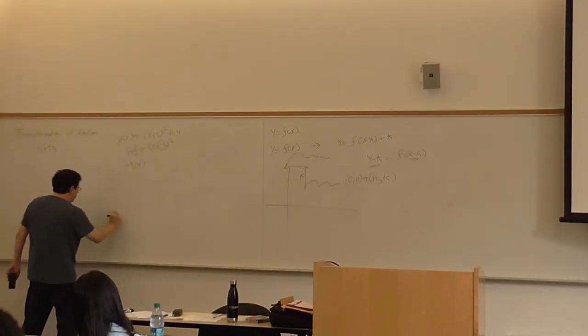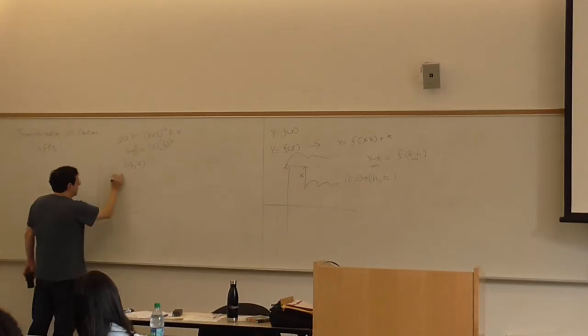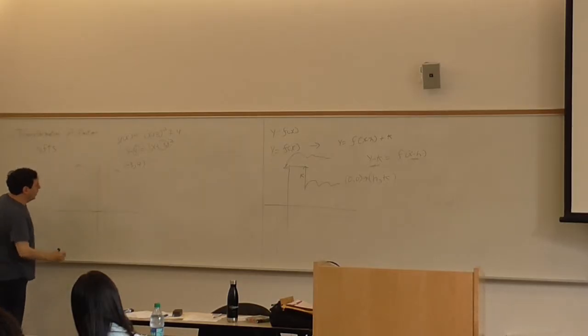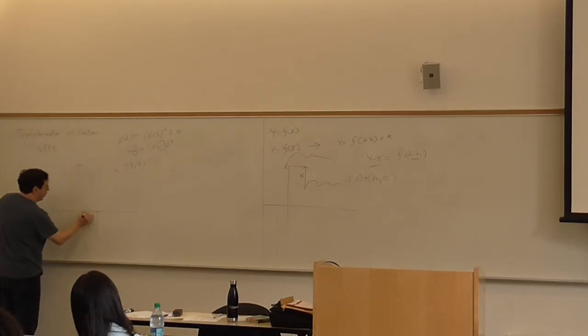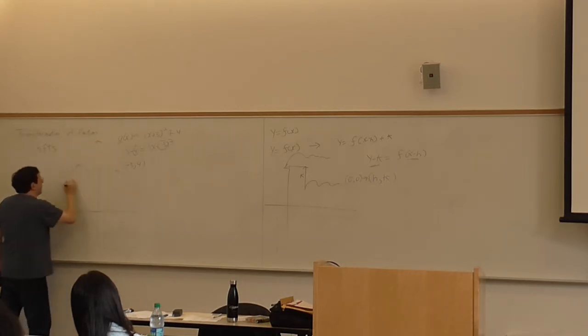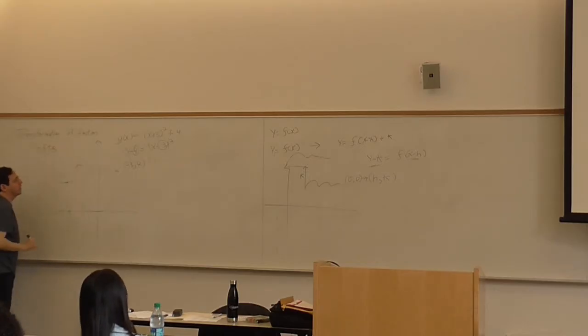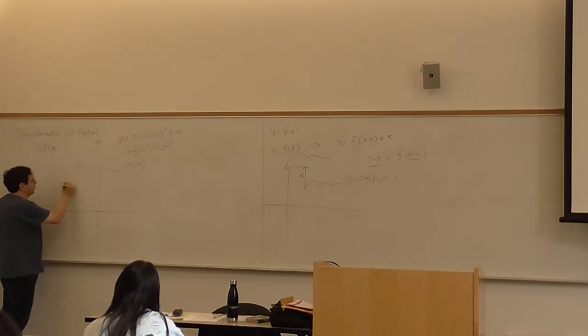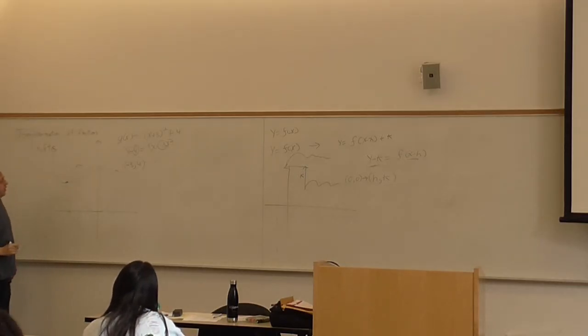So if I draw my parabola, I know that it's going to go 1, 2, 3 in the x direction, and 1, 2, 3, 4 in the y direction. So it's going to look like this. In particular, the vertex here is going to be what?